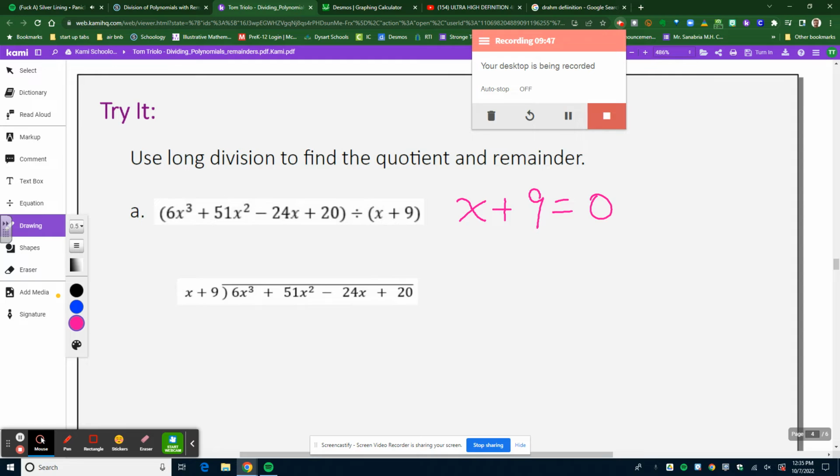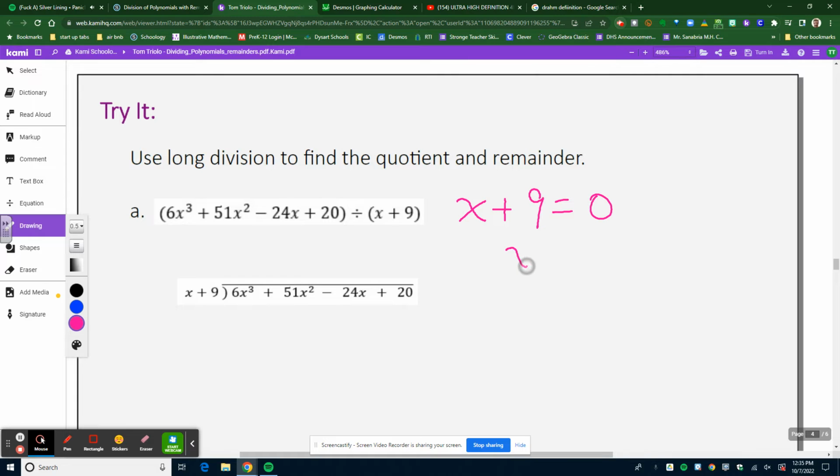The number that you divide by in synthetic is your zero. So it's not positive 9, because when I find my 0, if you use the positive 9, everything else was wrong. So now negative 9, 6, 51, negative 24, positive 20.